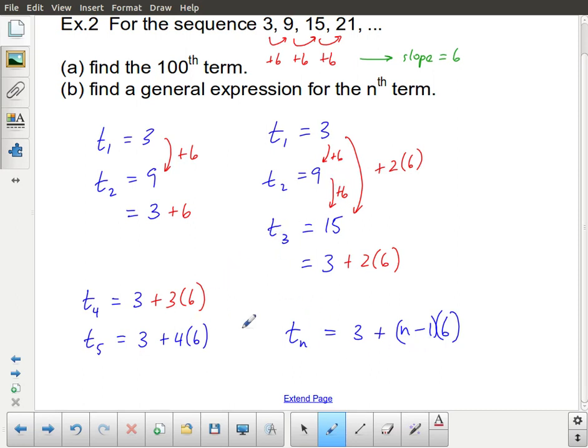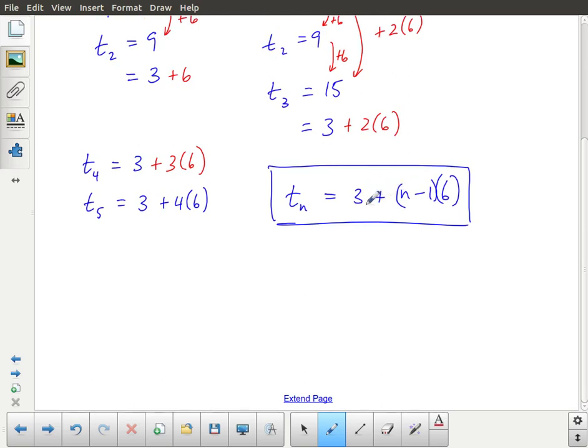Now this is a really long way. I'm sure that many of you could have figured this out beforehand, but I want you to see the reasoning involved, because what we've developed here, this part, this is kind of a general expression that helps us find the 100th term. T100 is equal to 3 plus 100 minus 1.